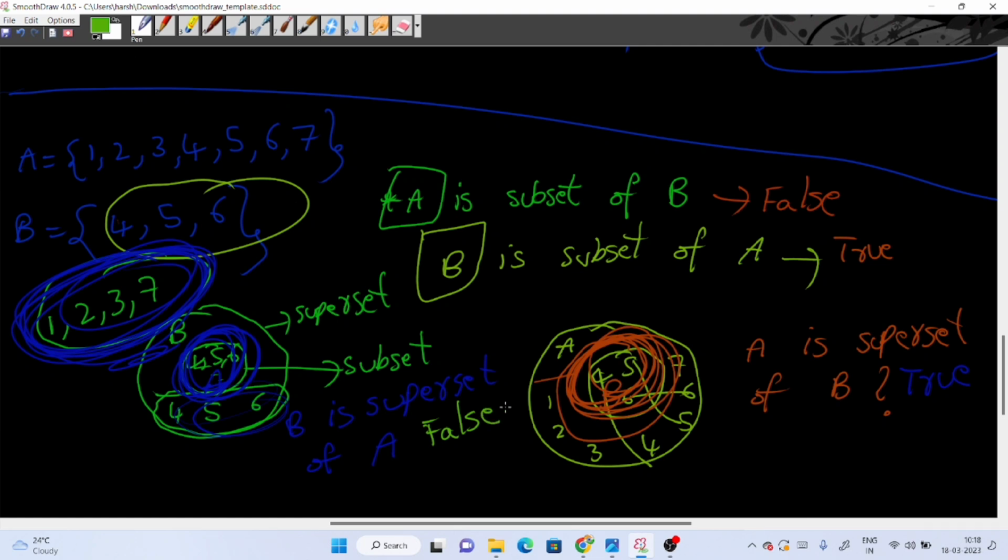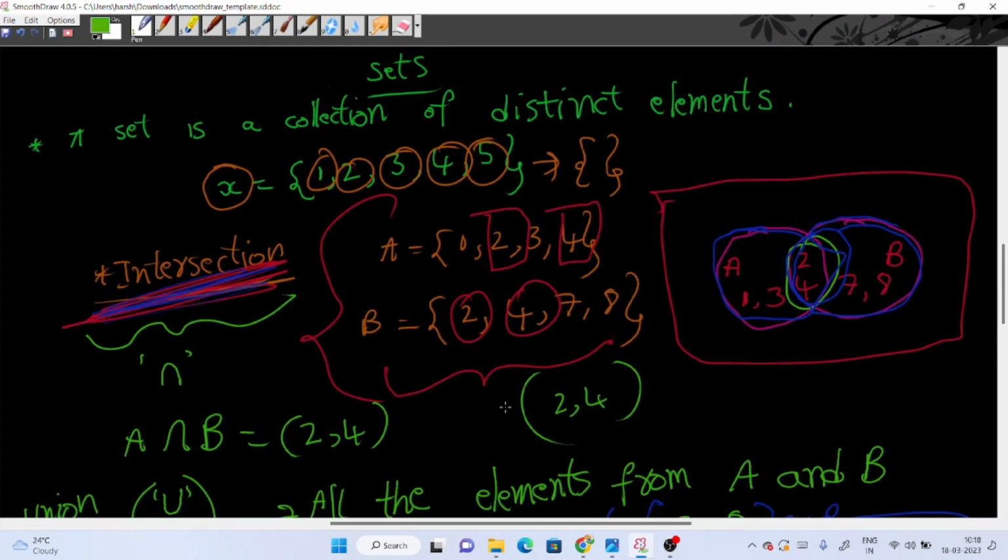So this is all about today. We have discussed what sets are, and we have discussed the example on the definition of sets, and we have discussed intersection.